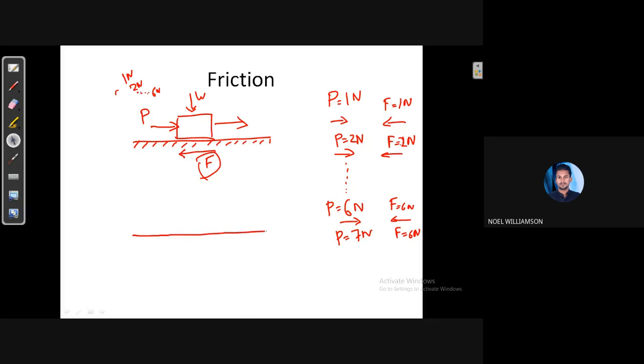We'll consider this again. That is the surface. This is the body.